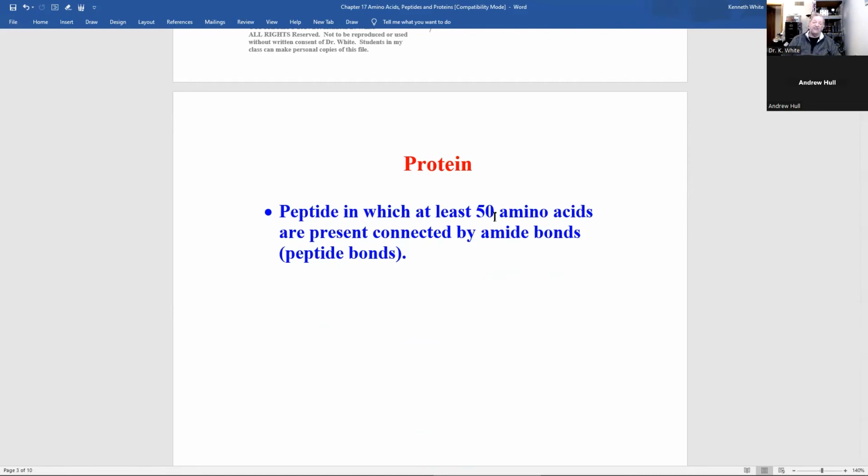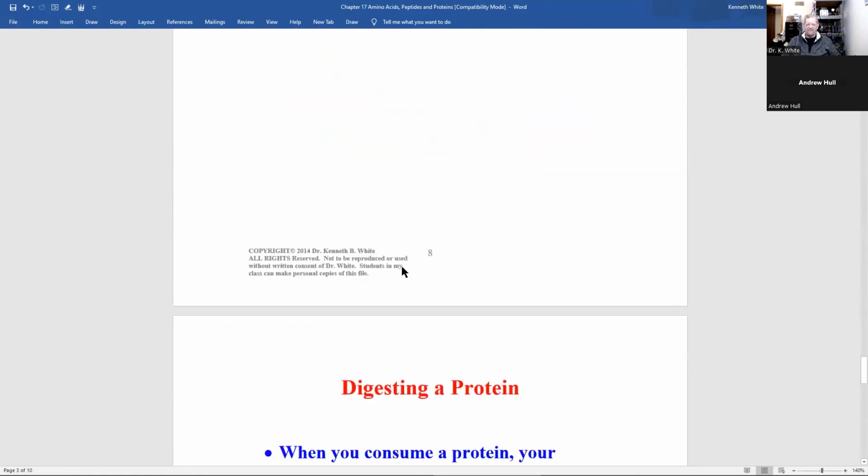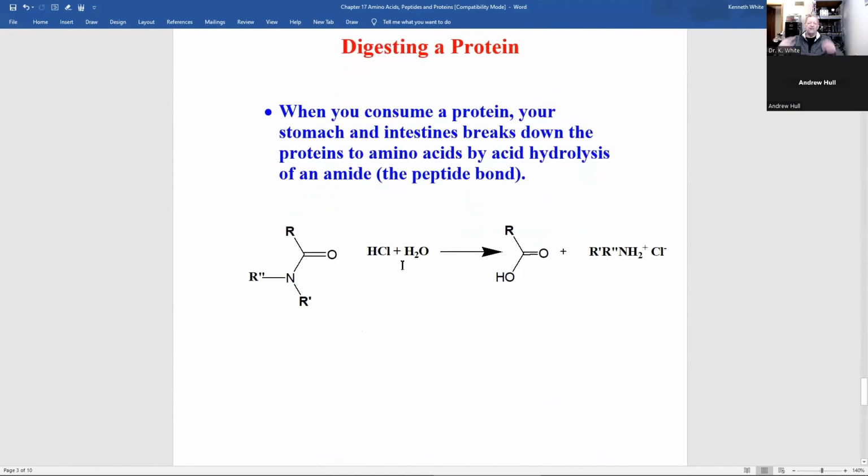If you like hot dogs, steaks, and other things, ribs, the proteins are peptides in which they have 50 or more amino acids bonded together by amide bonds, which protein chemists call peptide bonds. Now, switches on.